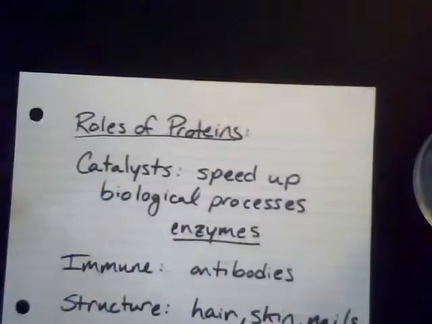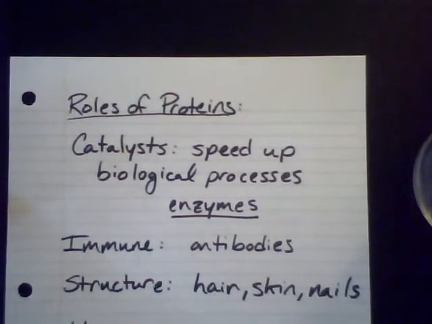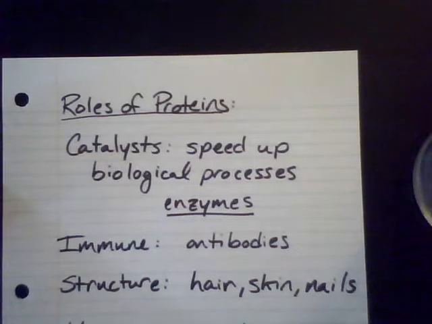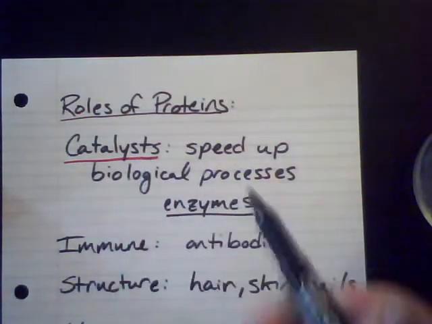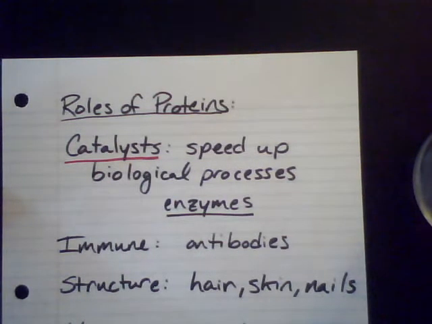Now there's a variety of different roles of proteins and different things that proteins will do in our bodies. I want to just talk about a few of them because there's a lot. So I just want to focus in on a couple of the main ones. The first role of proteins is that they act like catalysts, in the same way that we've talked about the energy of chemical reactions before.